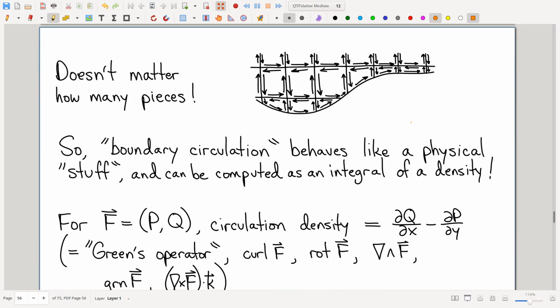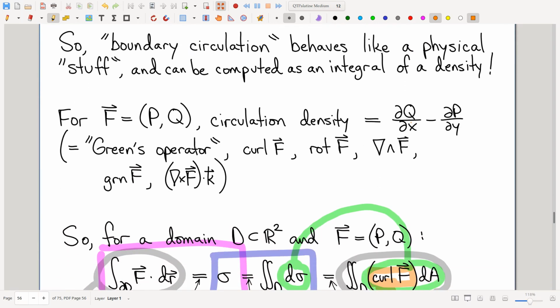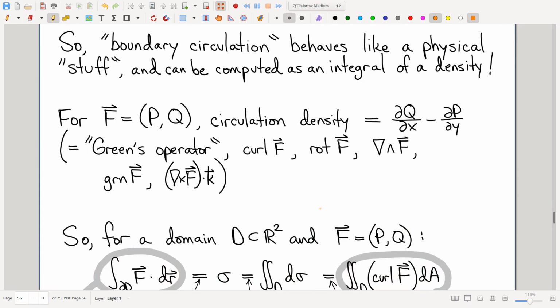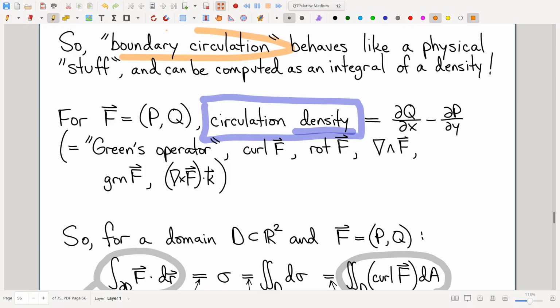Okay. All right, so we've got to talk about the notation. Let's go ahead and get that done. Keep in mind we are talking about the density that we associate to this new quantity called boundary circulation. As such, we're going to call this circulation density, in recognition that boundary circulation is the quantity in question.